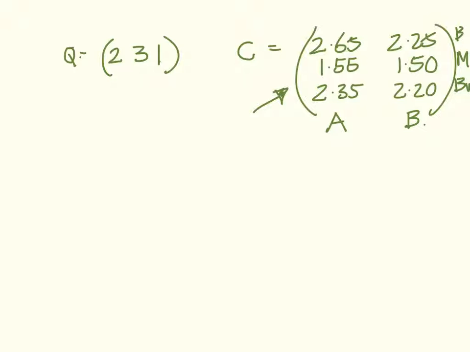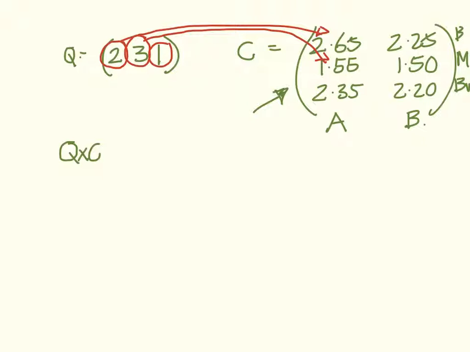If I want to represent the total cost for the bread, the milk, and the butter, what I do is I multiply Q by C. The way that I do that is I take the 2 loaves of bread here and multiply that by 265, and then I add that on to the cost of 3 litres of milk multiplied by 155, and then I add on to that 1 tub of butter by 235.